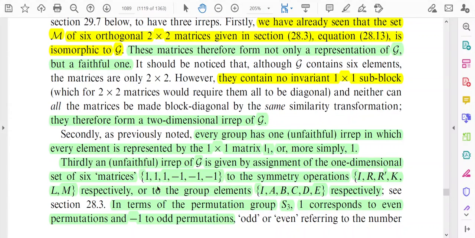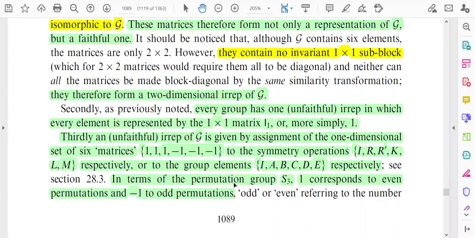These correspond to the symmetry operations I, then 2 rotation operations R and R prime, and then 3 reflection operations respectively. So I, R, R prime correspond to 1, 1, 1, and the 3 reflection operations correspond to -1, -1 and -1. In general group elements, they are I, A, B and C, D, E. So I, A, B correspond to 1 and C, D, E correspond to -1 respectively.